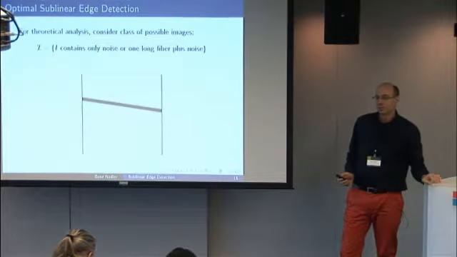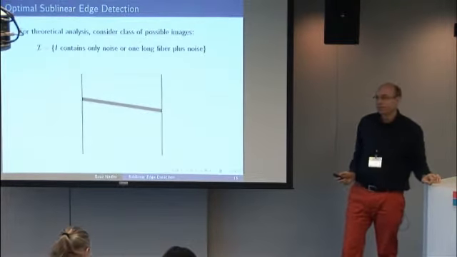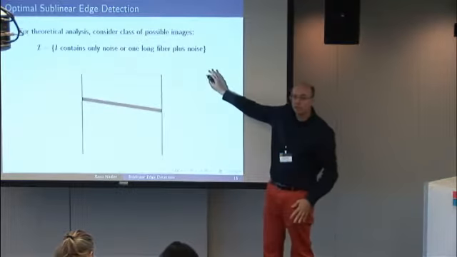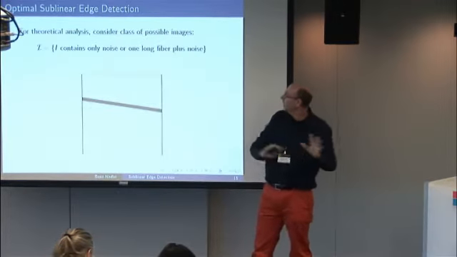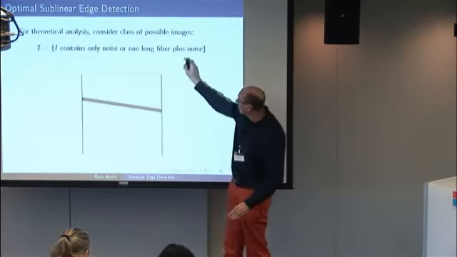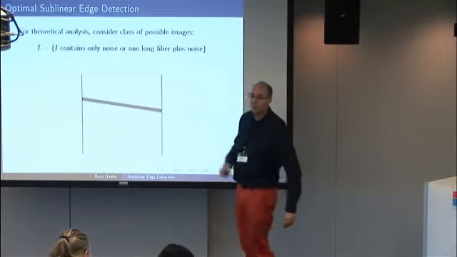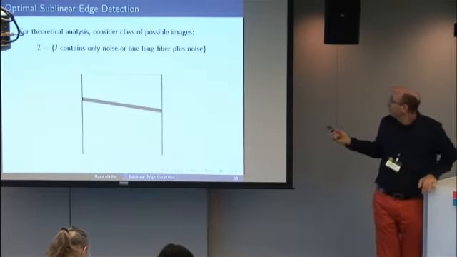I thought you know that it goes... Oh, okay. Because you still go from left to right, you get a log factor. Okay, I understand. Yeah, that's the class on which I analyze. It's all images that are either just pure noise, there's no edge, or there is a fiber. It goes from left to right. I just don't know either the starting point or the width. Thanks. I get it. Okay.